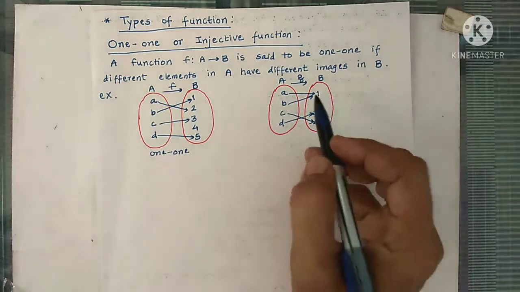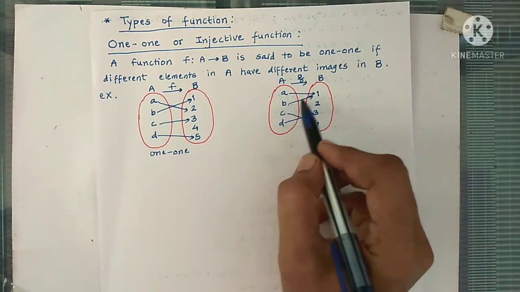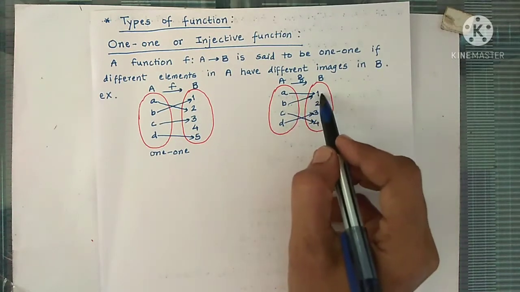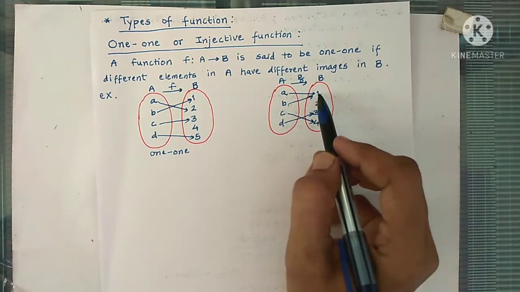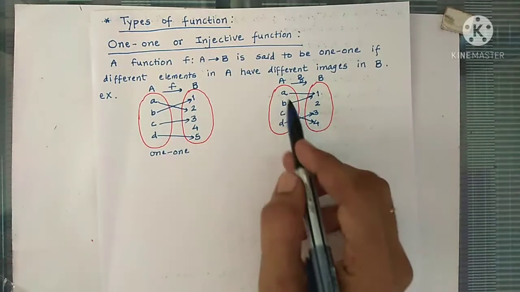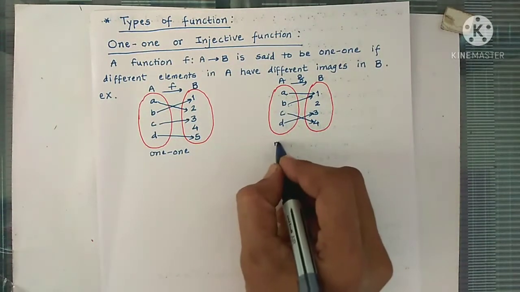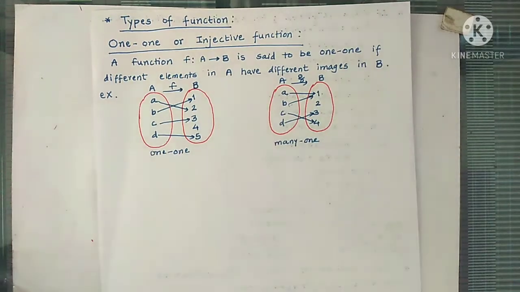In the second one, for this function g, a and b both have an arrow to 1. That means a and b are both related to 1. So this is many to 1, and here it is 1 to 1. So this function is known as a many-one function, as many elements have the same image.